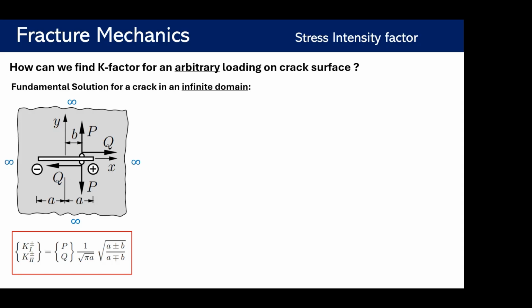Here A in this formula, because this formula is very important in this course, I want to explain all details of the formula. In this equation, A is the half length of the fracture. It's a constant parameter, and it's related to the geometry of the problem. But B is the location of the force. So it shows the dependency of the stress intensity factor K on the location of the force in the fundamental solution.